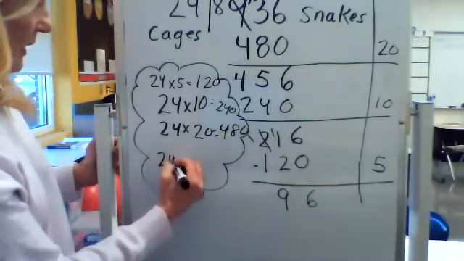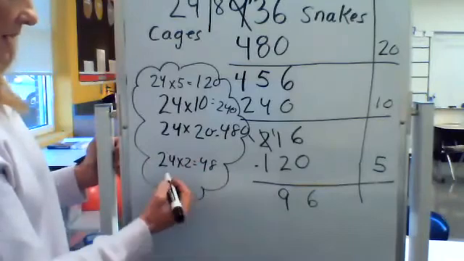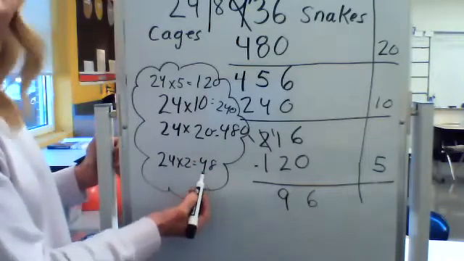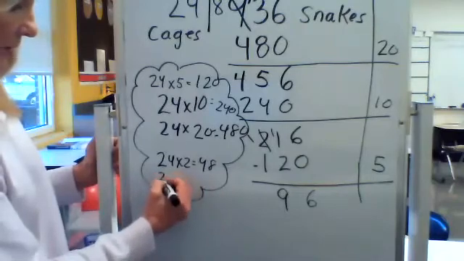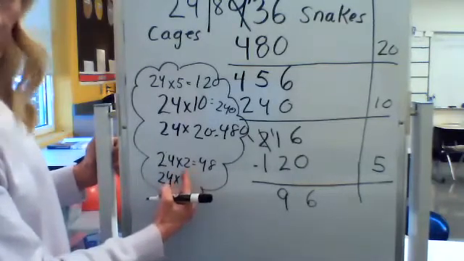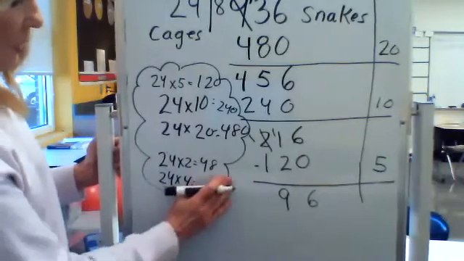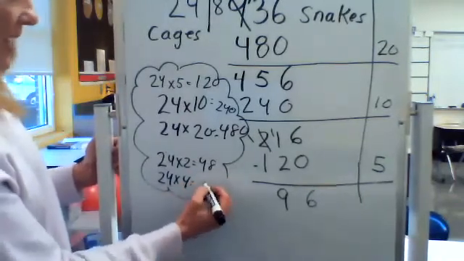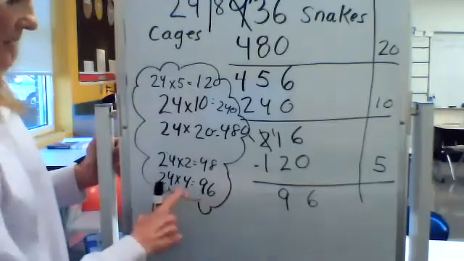I'm comfortable knowing that 24 times 2 is 48. And then I'm wondering, that's about halfway, right? So I might say, what if I double, not just 2 groups of 24, but twice as many groups of 24 will give me 48 and 48, which will give me 96, and that's perfect.